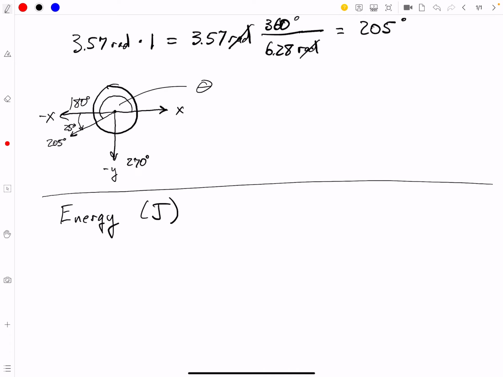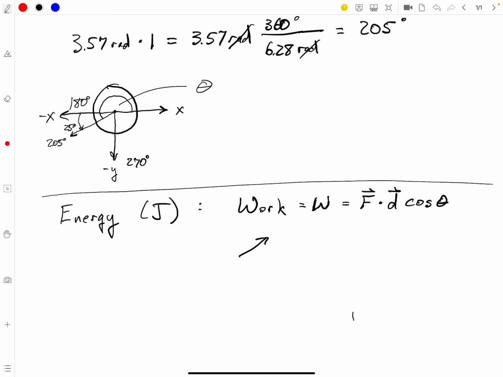And when you start talking about energy, the first thing that we discuss is work. Work, and that's a big W, not an omega. And work is in joules. Work happens to equal our force times our distance times the cosine of the angle between them.